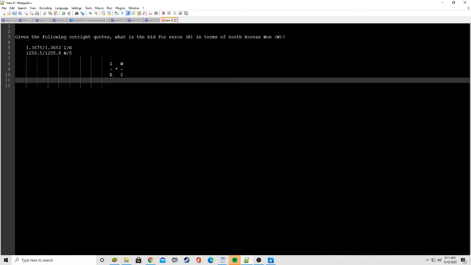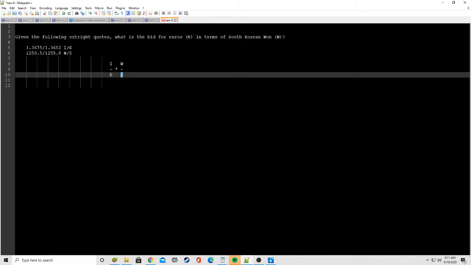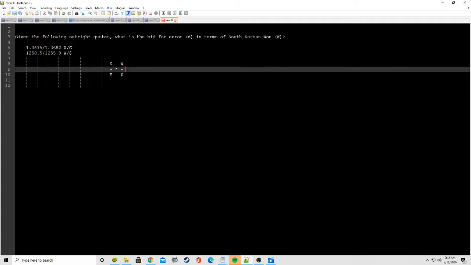This is just to give you an idea why this works. If we multiply these two quotes, air quote, fractions together, what happens? We'd have dollars in the numerator and dollars in the denominator, so those would cancel out.